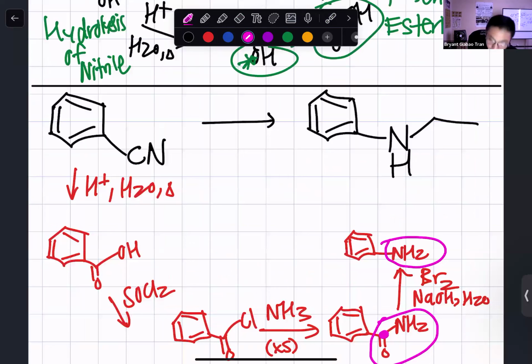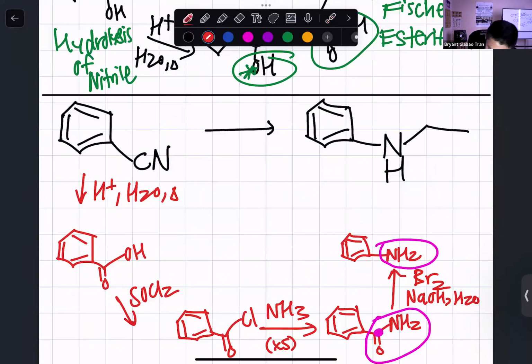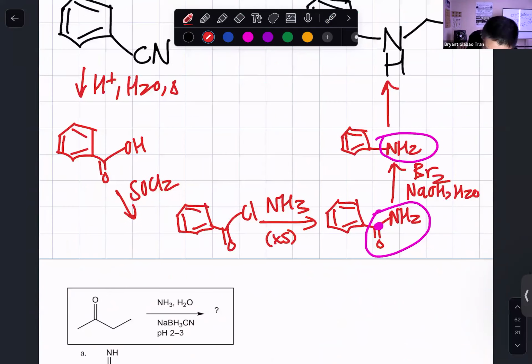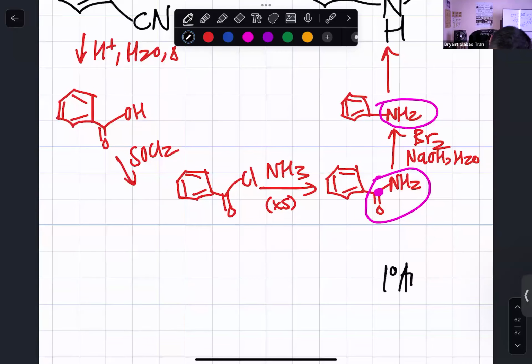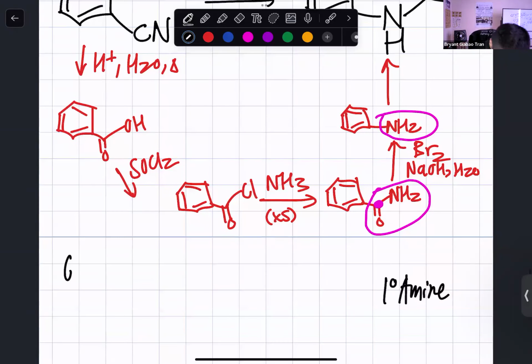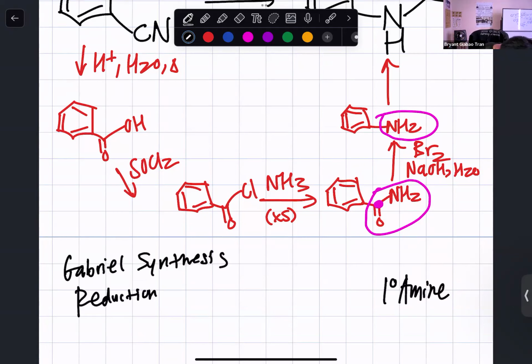Now, this last reaction here is a little bit tricky, because the ways that you learn how to prepare amines mostly make primary amines, right? Primary amines, like Gabriel synthesis, reduction of nitrile or azide, Hofmann rearrangement.